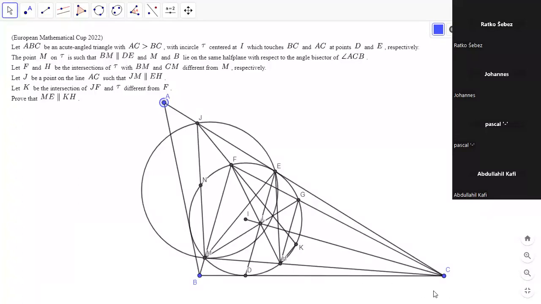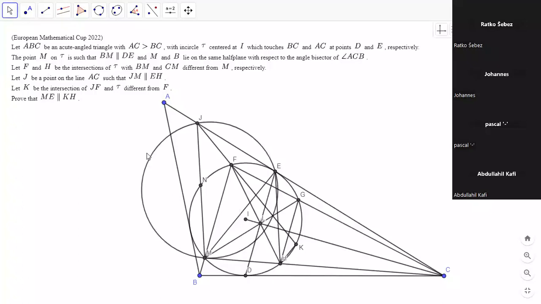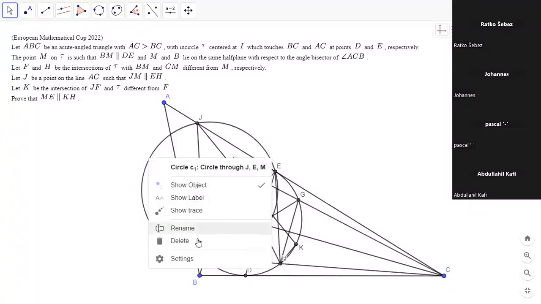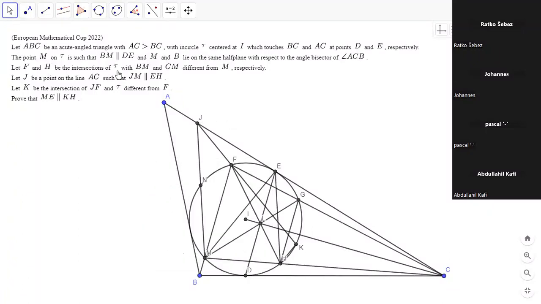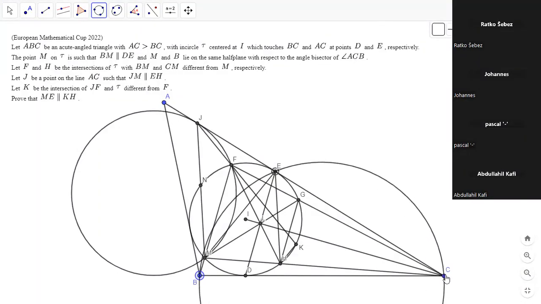Or you mean MC? MFJ. Oh, the MFJ circle, yeah. Okay. And when I drew in that circle, it just happens to be tangent to CB also. CEB. That's interesting. To line CB.